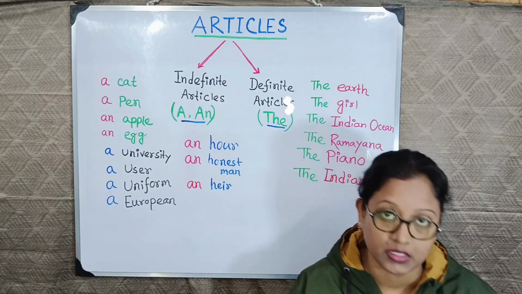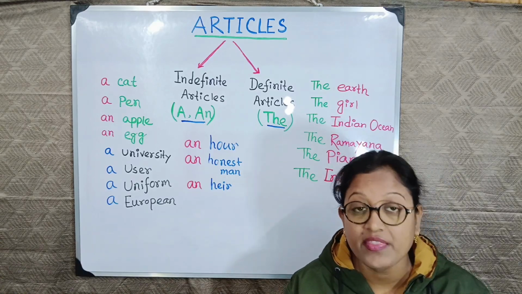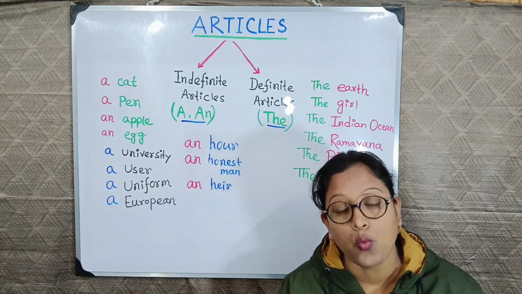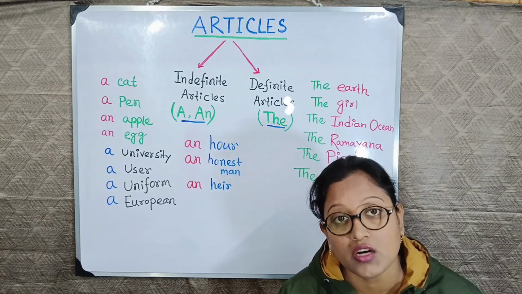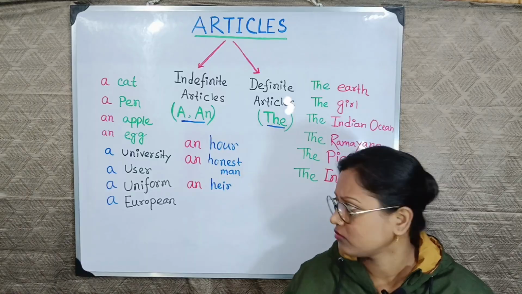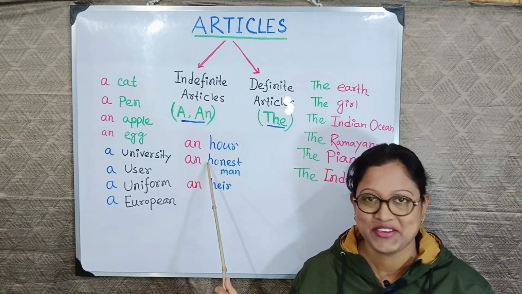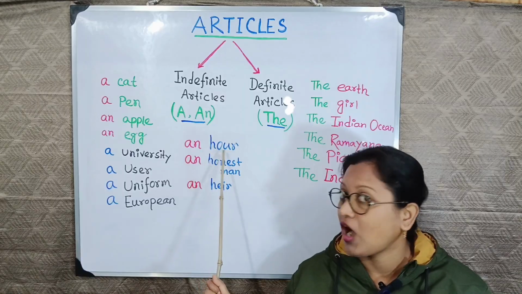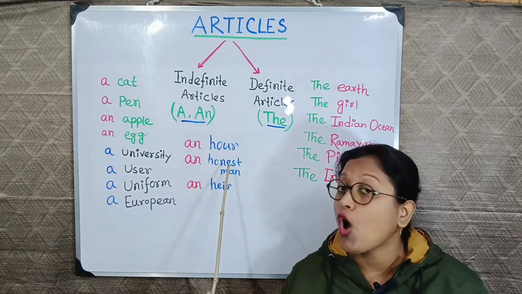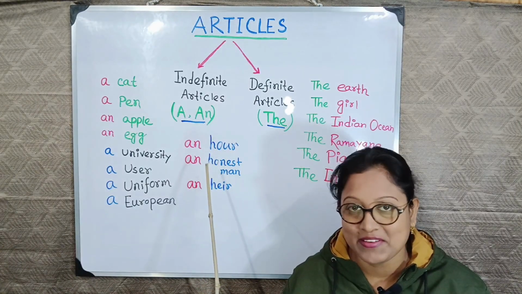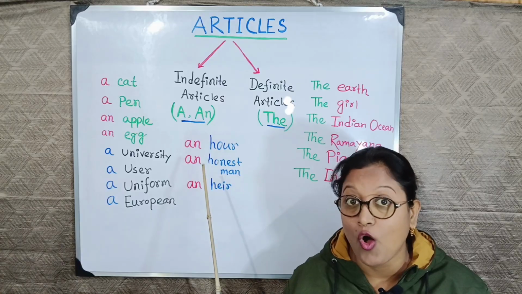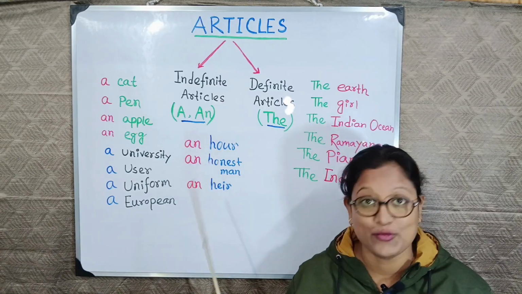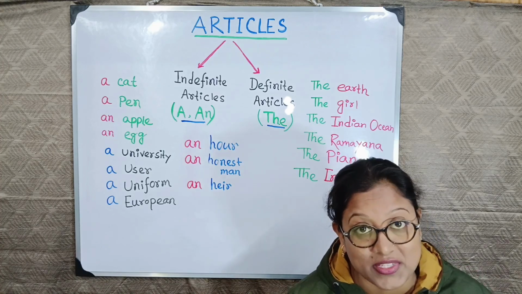And one more exception. When the word starts with a consonant letter like H, H is a consonant, right? But honest, isn't it creating a vowel sound? So there we will use an. This is the exception.